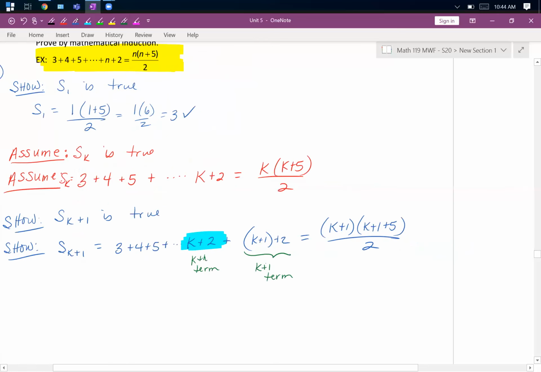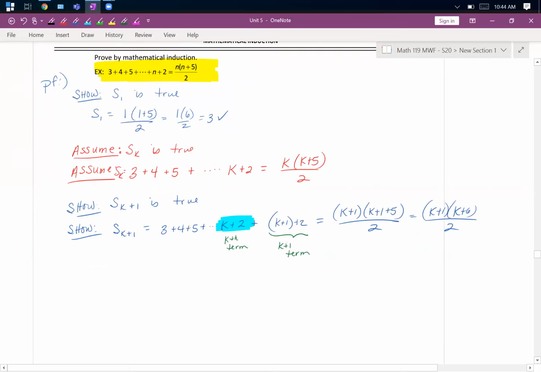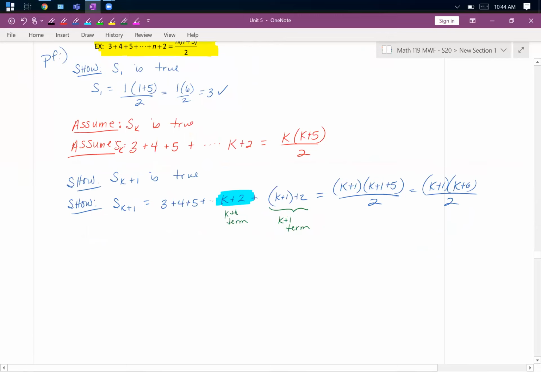All right, and then I think I'm going to clean this up a little bit right here. K plus 1 times k plus 6 all over 2. All right, so we want to show that S sub k plus 1 equals k plus 1 times k plus 6 all divided by 2. So now let's try to do that.